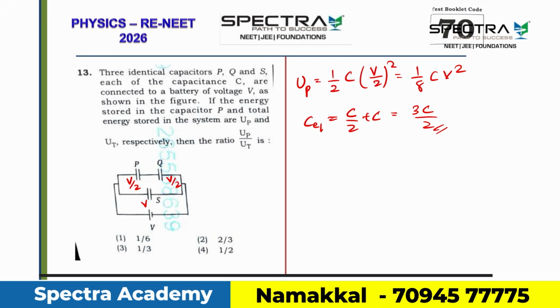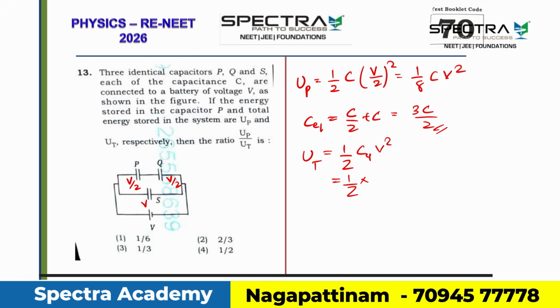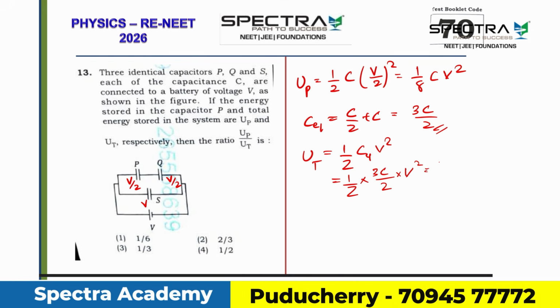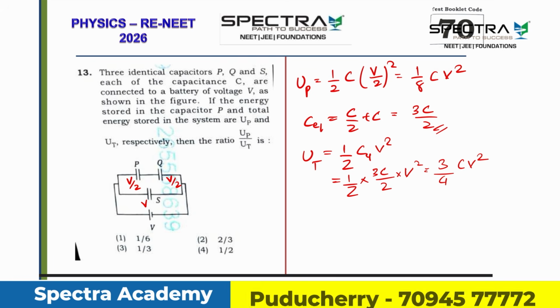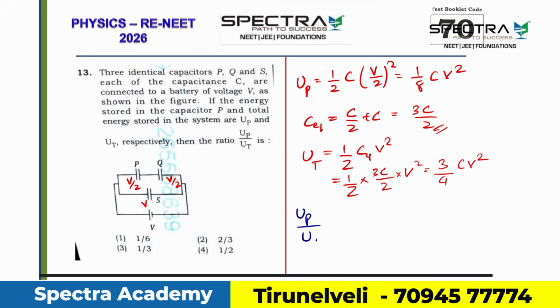So what will it be? Parallel, so equivalent will be C by 2 plus C, which is equal to 3C by 2. Therefore, the total energy is equal to half into C equivalent into V square, which is half into 3C by 2 into V square, equal to 3 by 4 CV square. Therefore, taking the ratio, UP by UT is what we need.